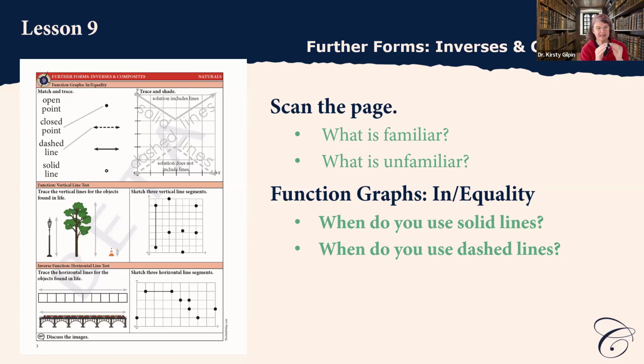A solid line has this idea that it's closed off, where the dashed line gives you that sense that maybe it's open somehow, just like whether my circle is closed in or open. That gives us an idea about whether what we're doing is inclusive of our point or line, or exclusive of it. There are all these different words we use to talk about the same idea: whether or not a specific line or point is included in our solution.